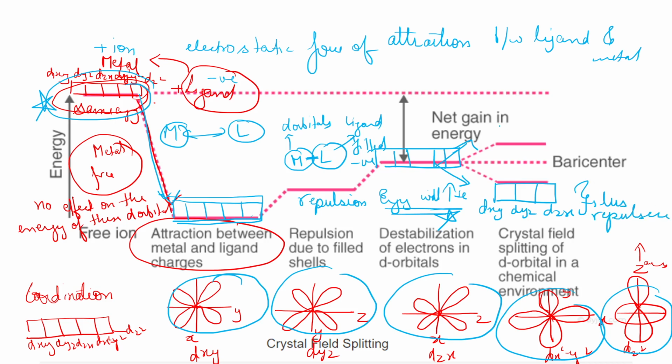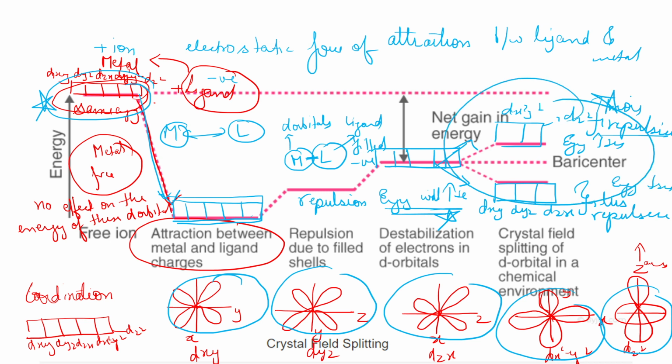But for dx square minus y square and dz square, there will be more repulsion. When repulsion is more, energy increases. When repulsion is less, energy decreases. That's how splitting occurs.